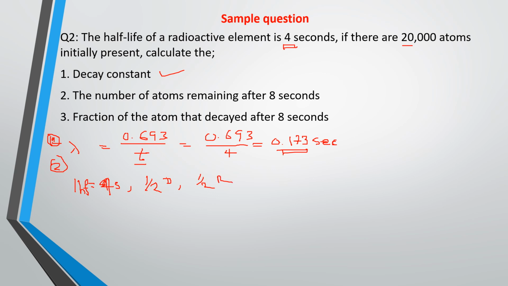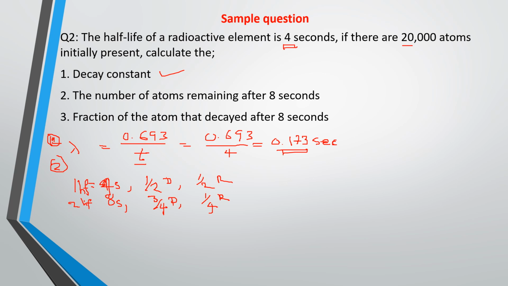Then two half-lives, which is 2 times T, which is 8 seconds. The amount decayed is 3/4, and 1/4 will remain.